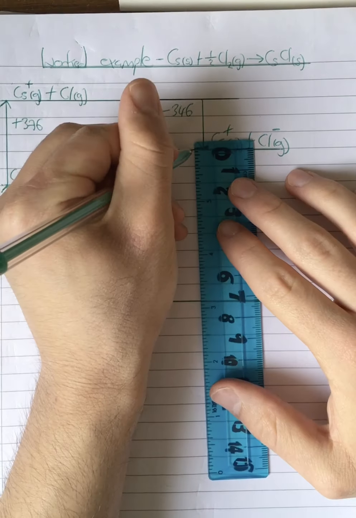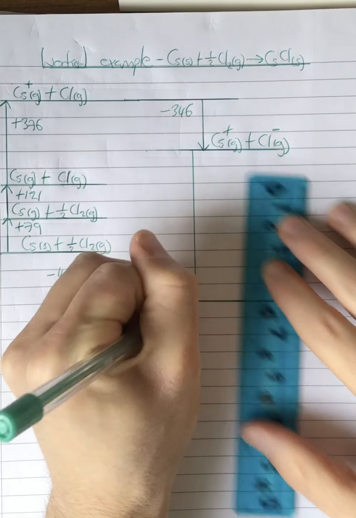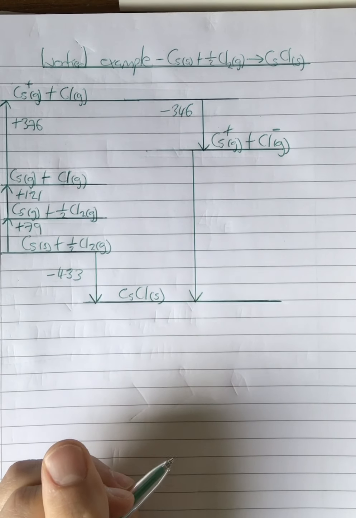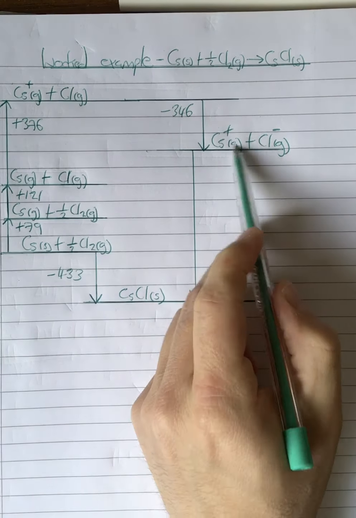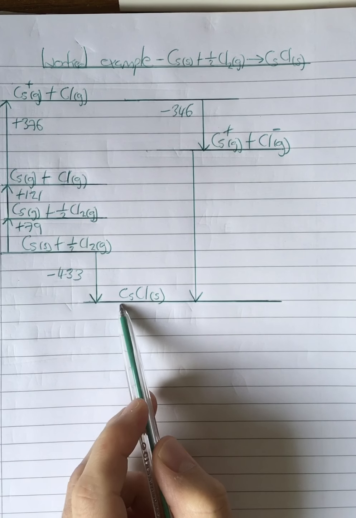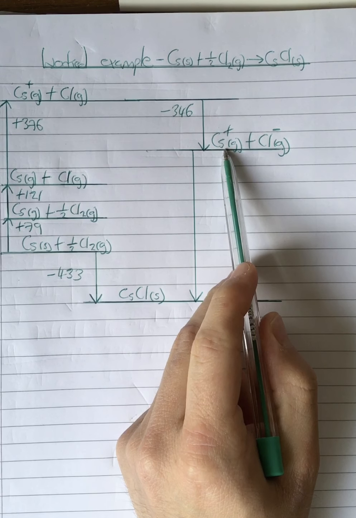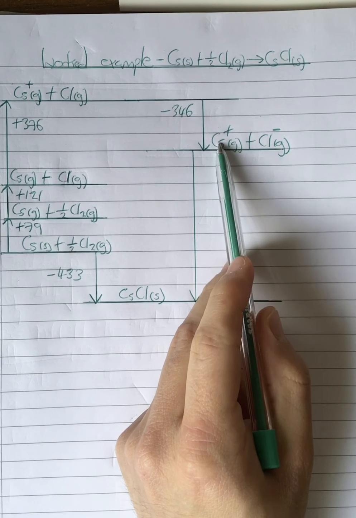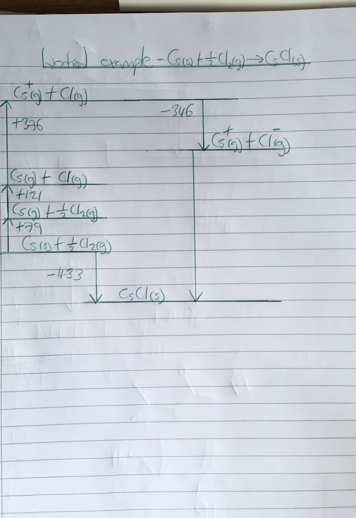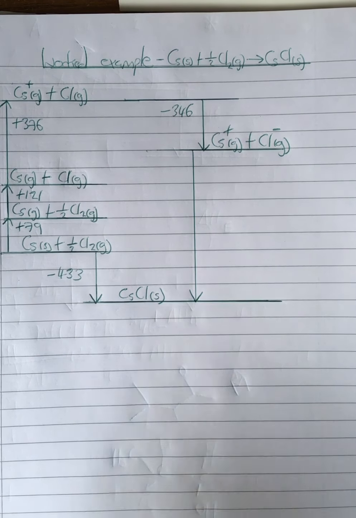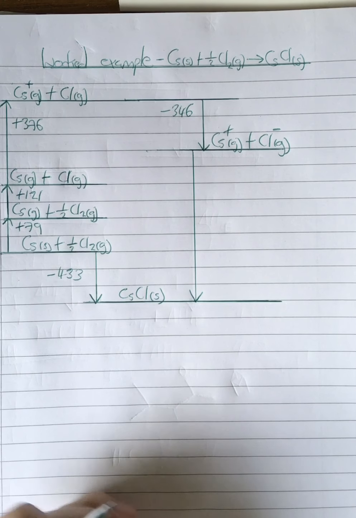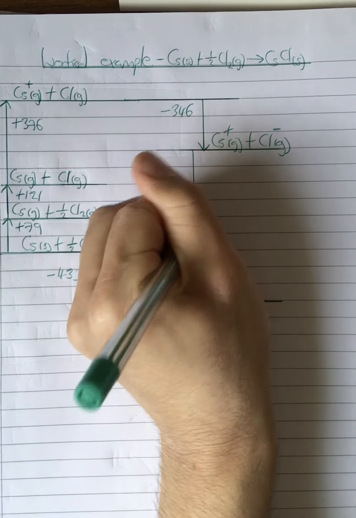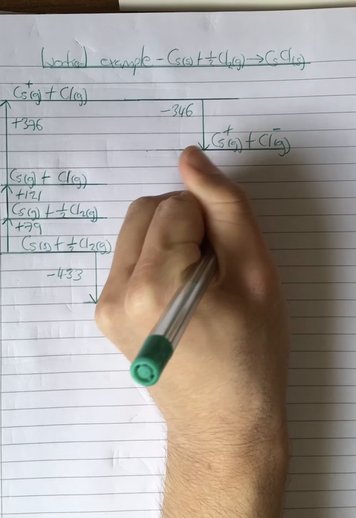And then finally, my lattice enthalpy. Lattice enthalpy is the formation of lattice from its respective ions in their gaseous states, and that is what we want to find out. So that's delta H lattice enthalpy.